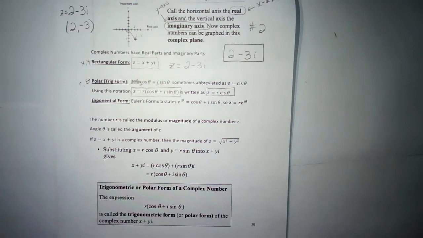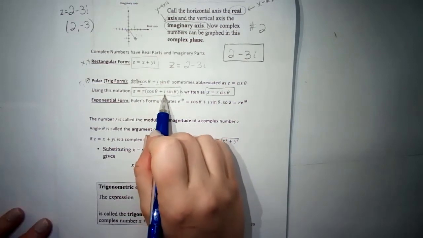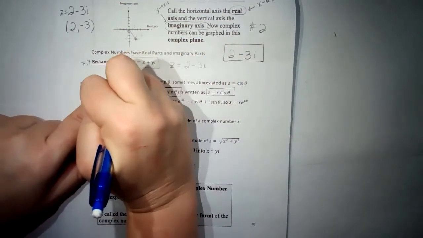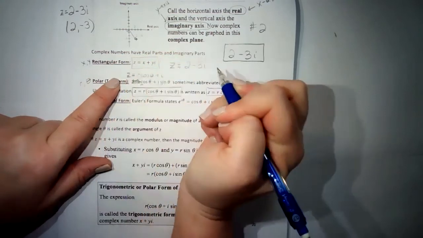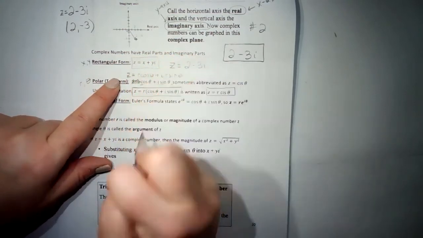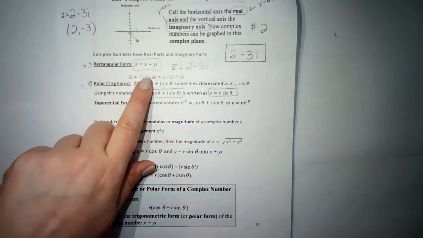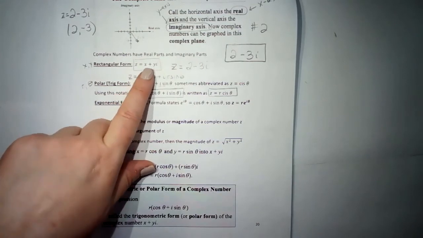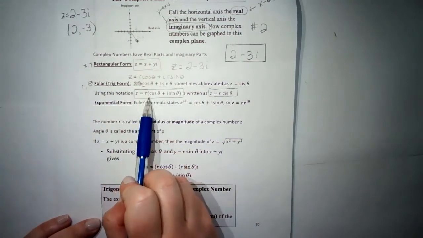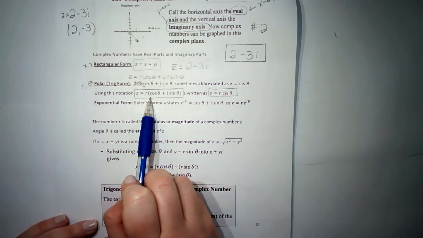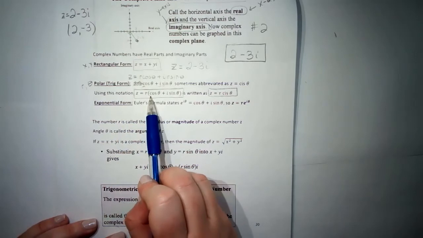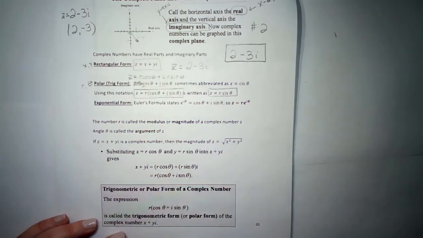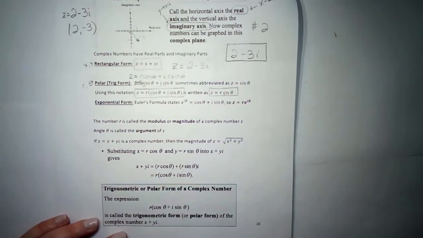So they just move the i to the front. Okay, but that's where this came from. Because if I were to just do r cosine theta plus, move my i, r sine theta, that's the same thing. Everybody agree with that? We just replace the x and the y. And then all I did was pull the r out down here. And that's how I came up with this. And then if you don't want to write all this, you can just write C-I-S. And there you go. Okay.